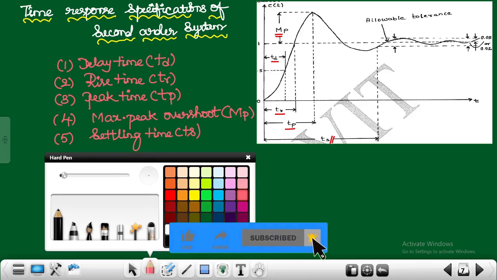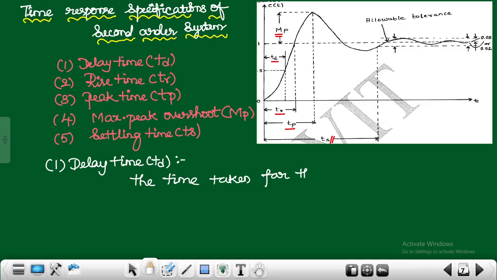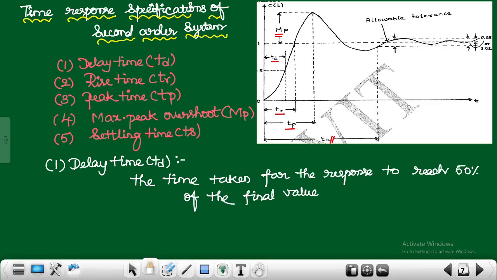Let us start with the meaning of delay time. Delay time is defined as the time taken for the response to reach 50% of the final value for the very first time.